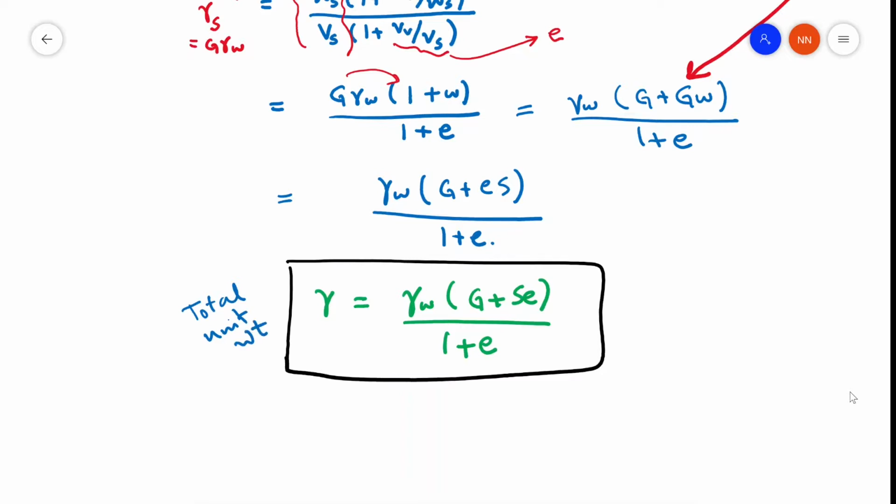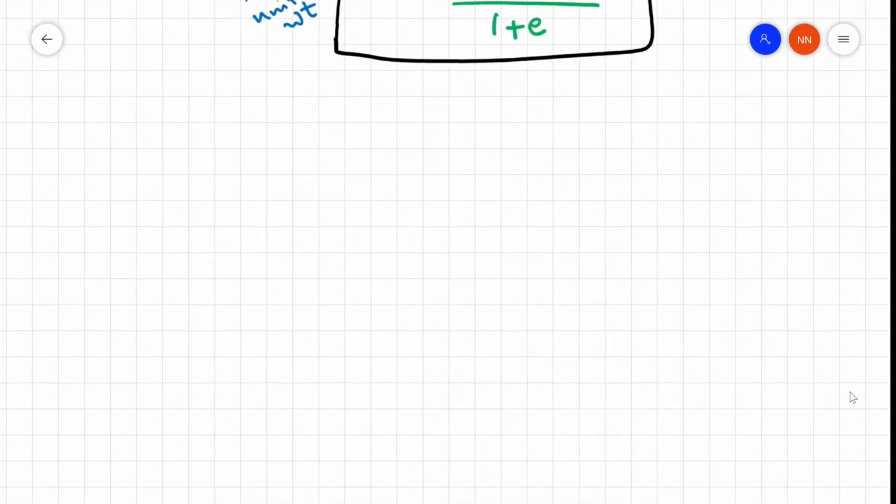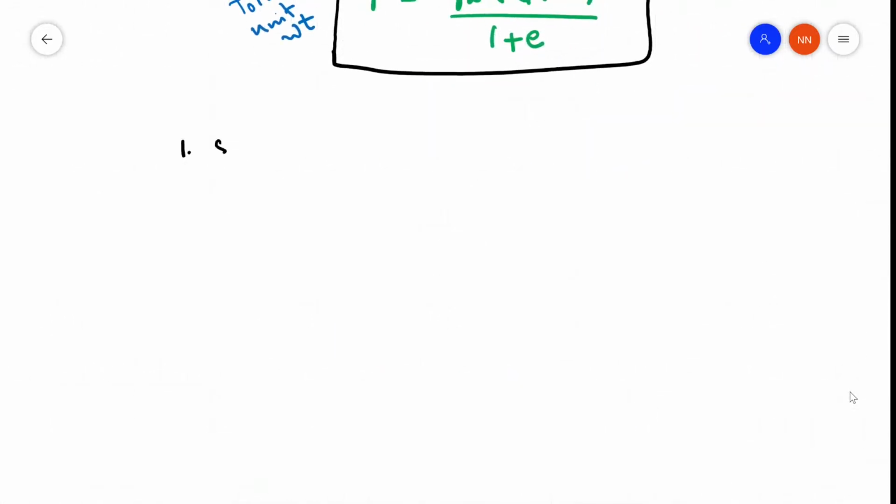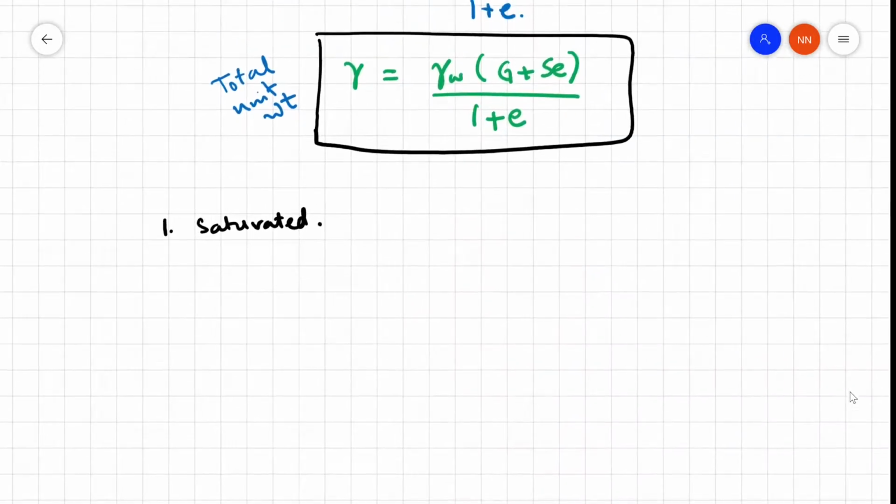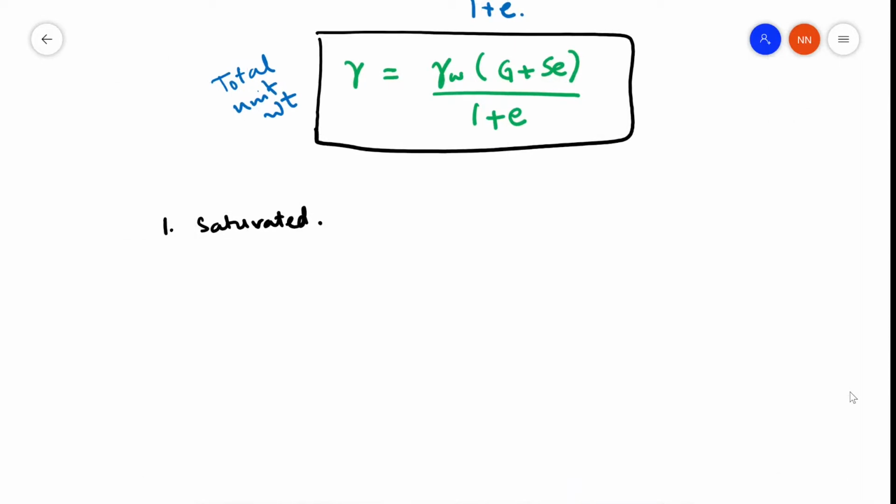Now let's consider different cases. The first case is that of a saturated soil. Saturated means that the unit weight of soil is this time gamma saturated, and S equals 1 since it's completely saturated.